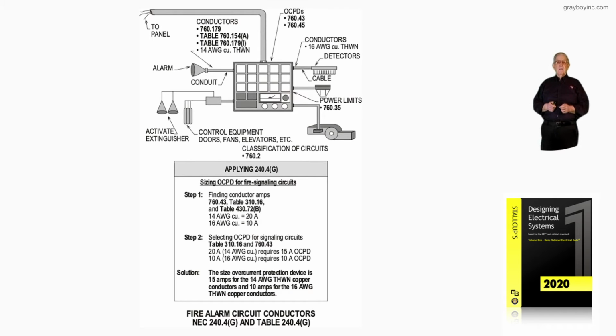Now this lines up with 760.43. Notice the number 14 would line up in 310.16, but for the number 16, there is not an ampacity rating for that particular size, number 18 or number 16, in Table 310.16.